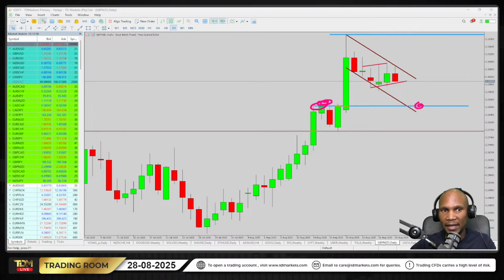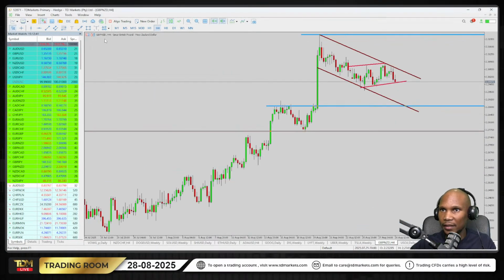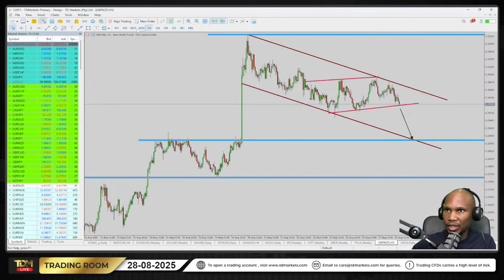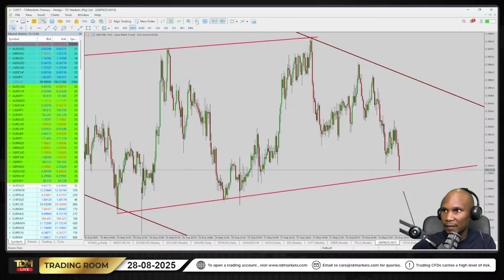So it seems like that correction we see within the bigger correction is suggesting that we definitely are pushing back down to the zone there. So GBP NZD, that's how it's looking at the moment. It is quite bearish.